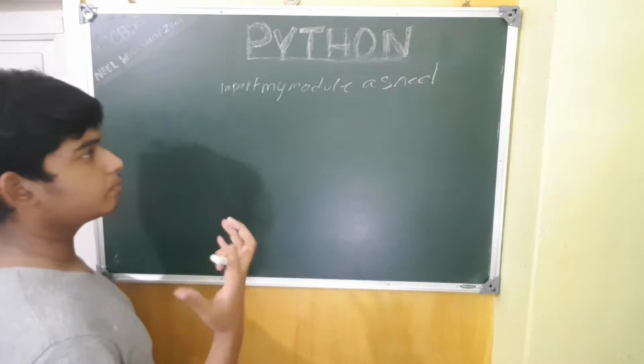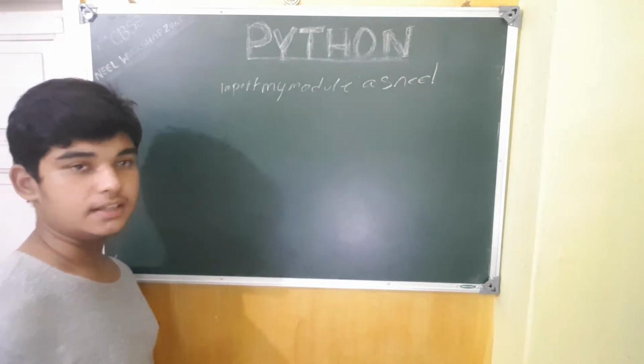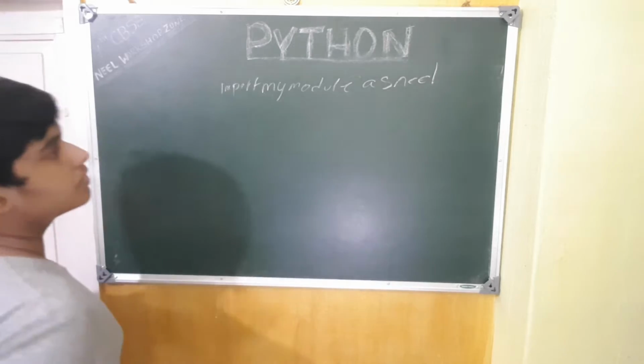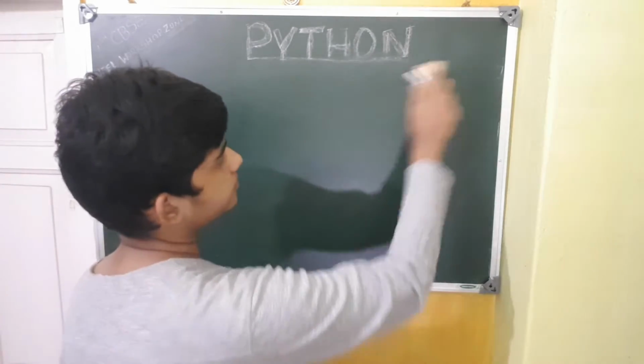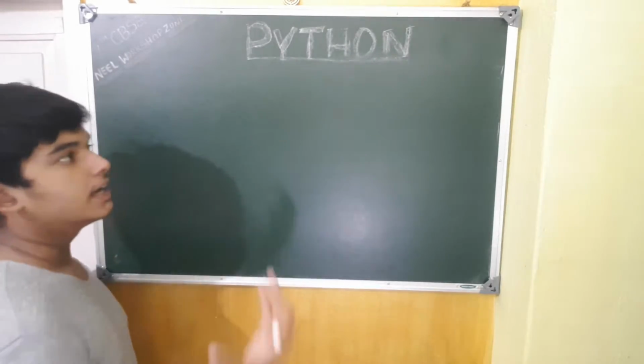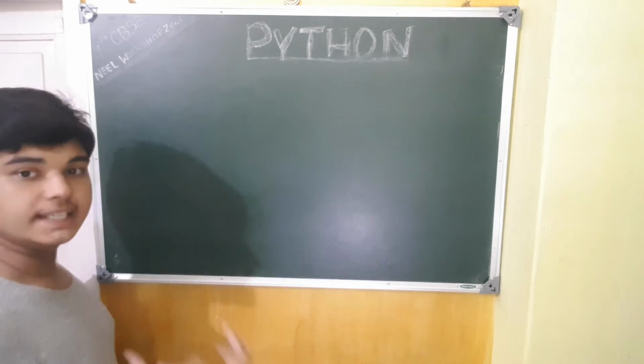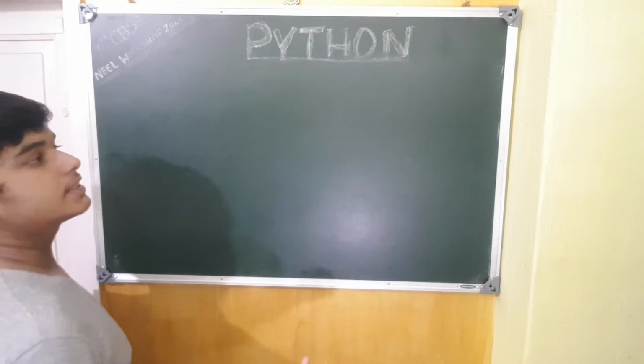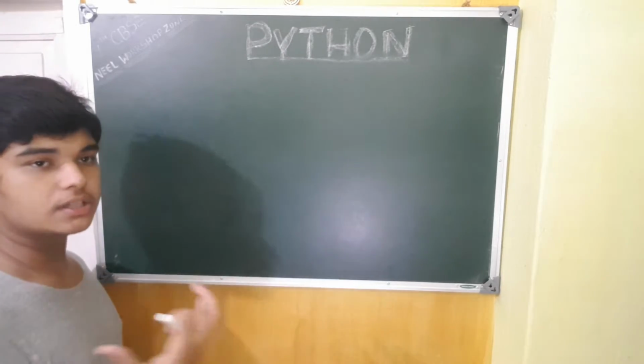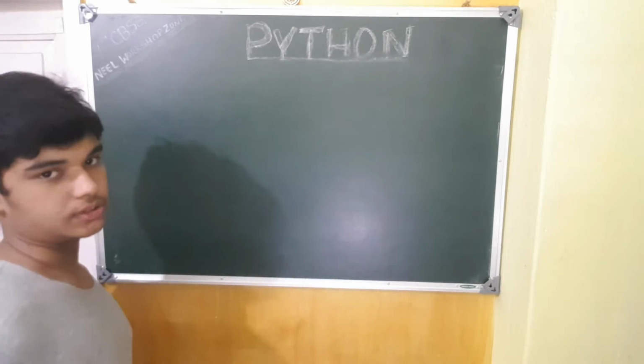By writing import my module as Neel, you're basically saying call the module but call it in a different way, or change the name and call it. So that is how the as keyword works. It is also really helpful for renaming modules.